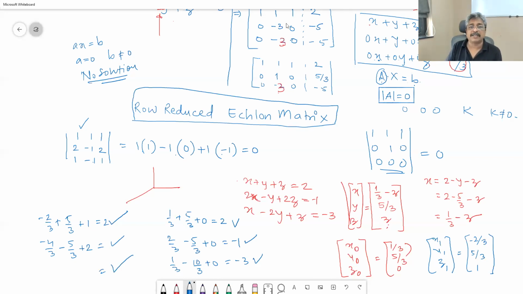Now yet another flexibility is there here, because our order is x, y, z, and the last equation became 0. Therefore, we are saying that z is our free variable. However, z need not be our free variable. You can have x also as your free variable, provided you had started with z, y, x.